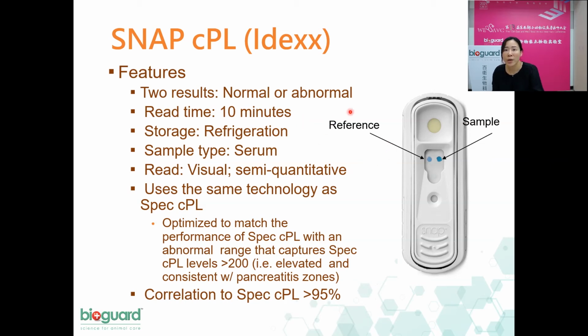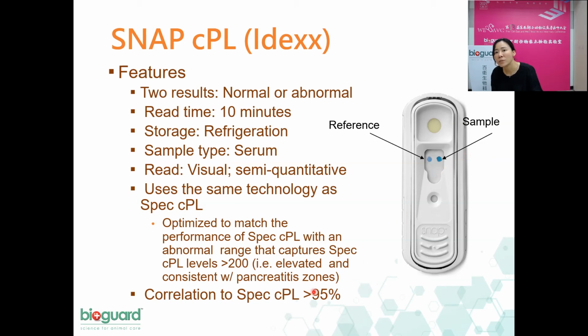We have a reference dot here, and this is our sample. We load our serum sample here, and after around 10 minutes we can compare our sample to the reference, and that will tell us if this serum contains pancreatic lipase.